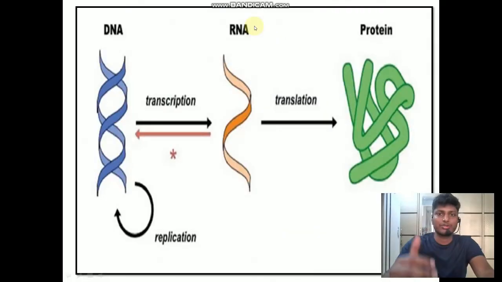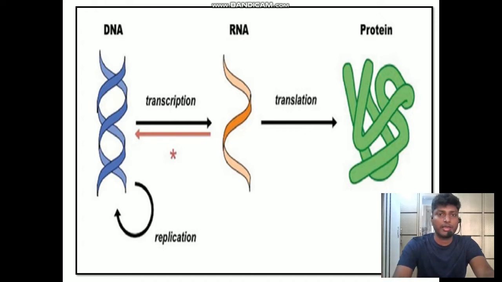Right? So as you can see in this particular picture, from DNA what is formed is RNA, and from RNA the RNA helps in the formation of protein. So from DNA, when the RNA is formed, such a process is called transcription, which is a different process altogether. There is a mechanism which is there.